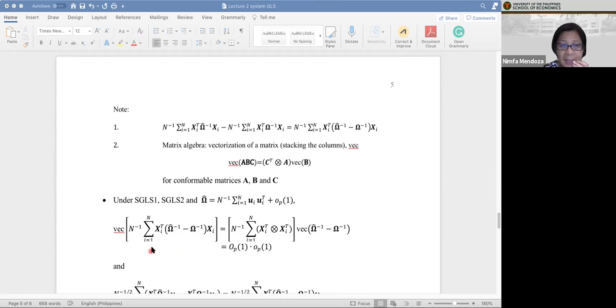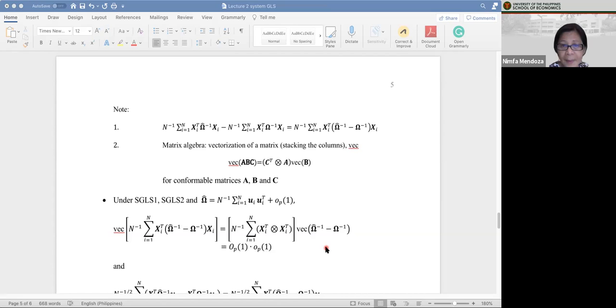So if we vectorize n inverse summation of x sub i transpose omega hat inverse minus omega inverse x sub i, and then apply this result on vectorization of a matrix, you get this expression: n inverse the summation of C transpose, but that C is x sub i, so you get x sub i Kronecker product A, but A is x sub i transpose, times the vectorization of B, the middle term.